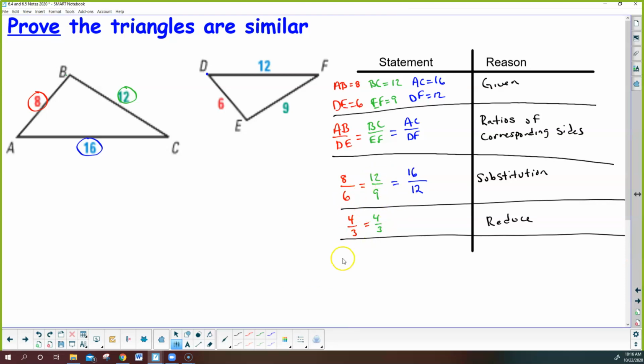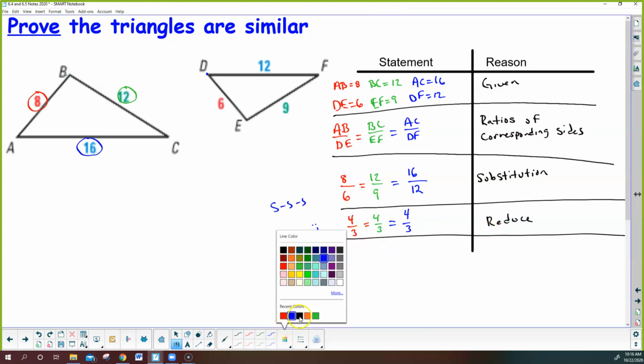Notice those scale factors are starting to match. And then 16 divided by 12, divide by 4, divide by 4. Since 4/3 is equal to 4/3 is equal to 4/3, we don't really write side, side, side, but there's my side, side, side. They're all the same ratio, which means we just proved that the triangles are similar.